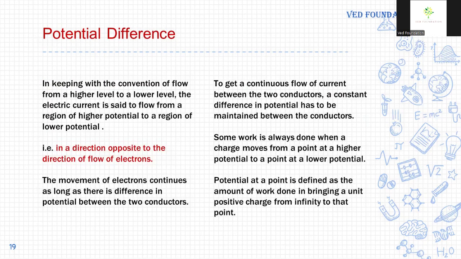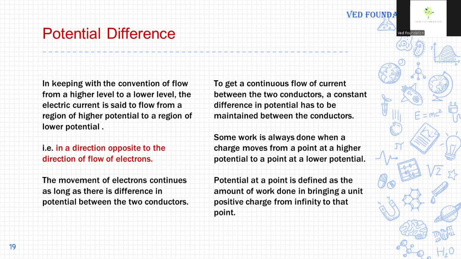In keeping with the convention of flow from higher level to lower level, the electric current is said to flow from a region of higher potential to a region of lower potential, that is, in the direction opposite to the direction of flow of electrons. The movement of electrons continues as long as there is a difference in potential between the two conductors.